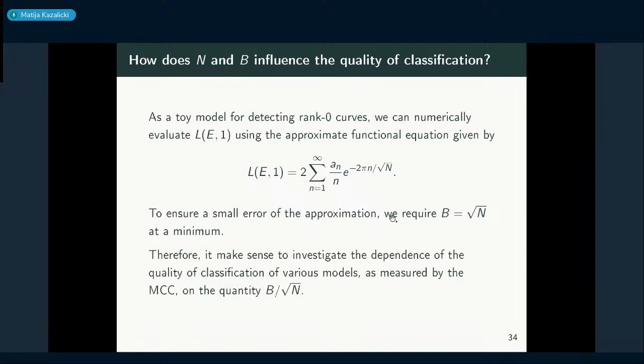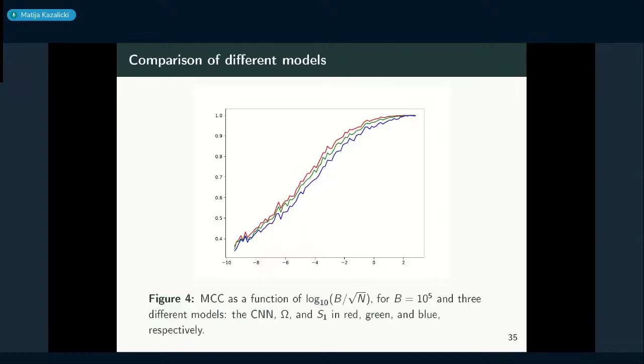So it makes sense to investigate the dependence of the quality of classification of our various models, as measured by the Matthews correlation coefficient, on the quantity B over square root of n. For example, this figure shows this relation. This is the graph as a function of the logarithm of B over square root of n, for the case when B is equal to 10^5.